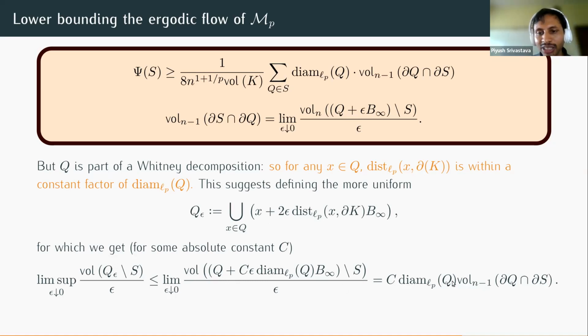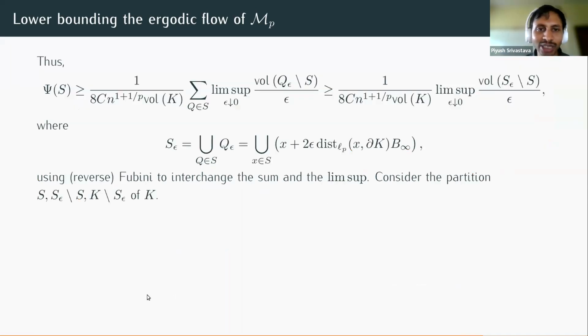So you get that what was appearing here is upper bounded by something that looks very much like a volume. So at this point, what we have is that the ergodic flow is within some polynomial factors times this lim sup of the volume of Q epsilon minus S, where Q epsilon is this epsilon extension.